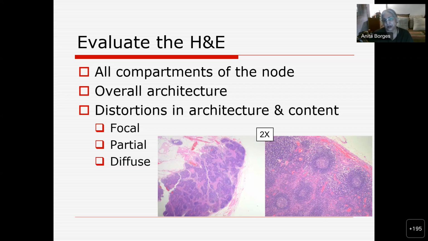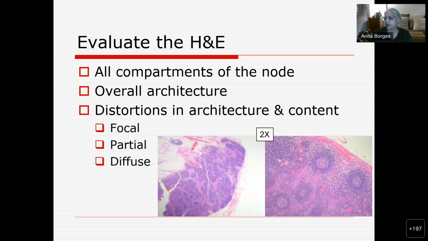Everything else, your lymphocytes, whether they are B or T, or the histiocytes, what's in the sinuses, etc., is all content. And what happens more often than not is that the cell content is changed.